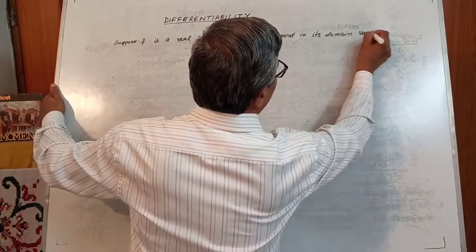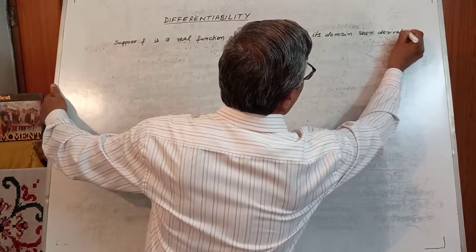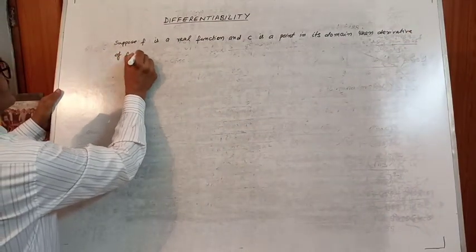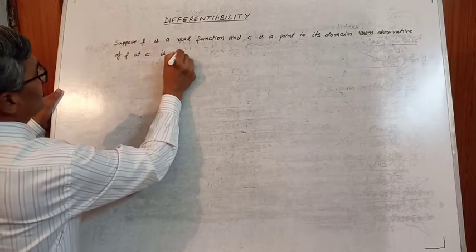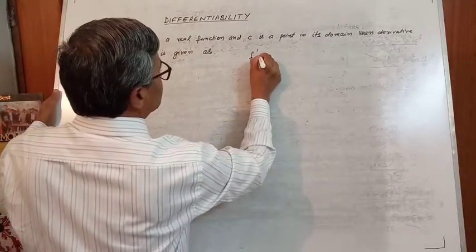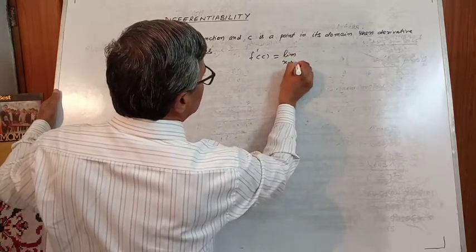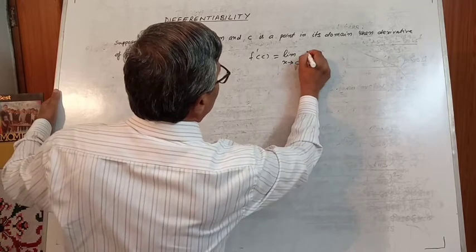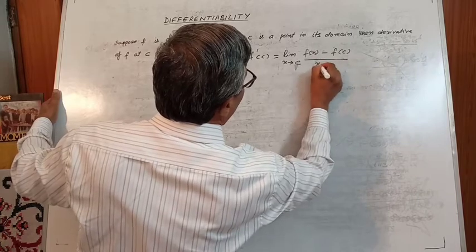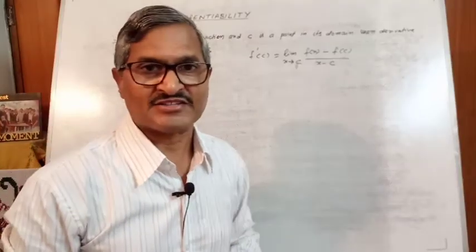Then derivative of f at c is given as f dash c equal to limit x tends to c of f(x) minus f(c) upon x minus c. This formula you have studied in your 11th class.